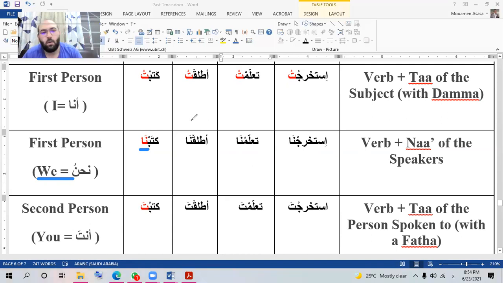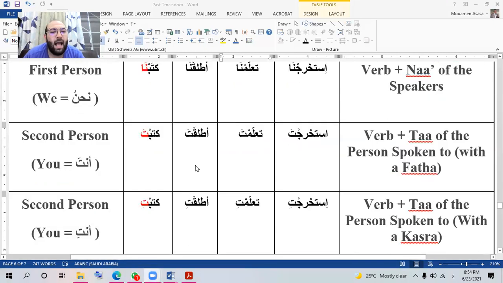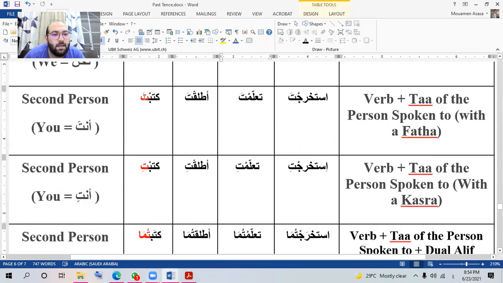Okay. For second person, we add ta marbuta with fatha for male, with kasra for female. What does that mean? أنت كتبت, for you male. أنتِ كتبتِ, for you female.